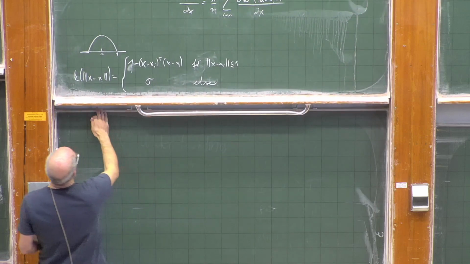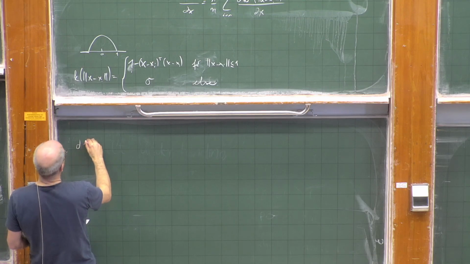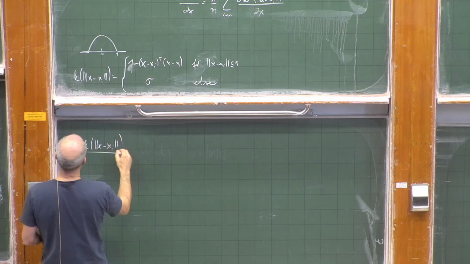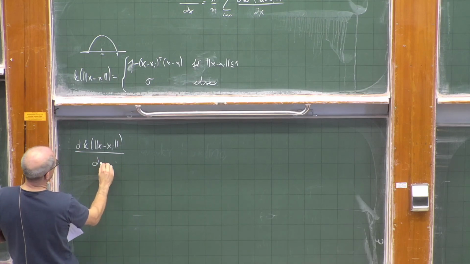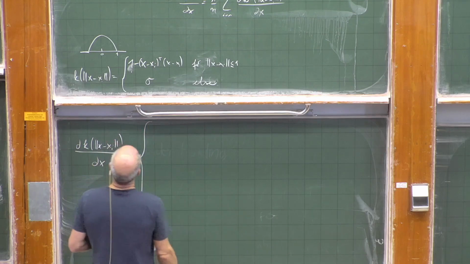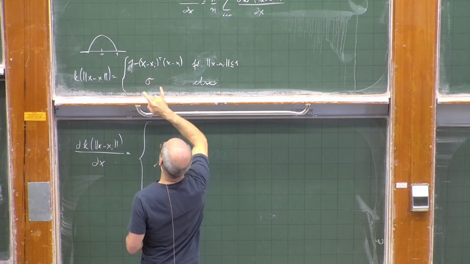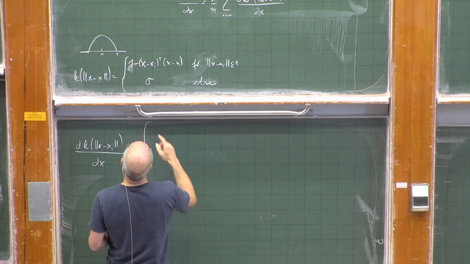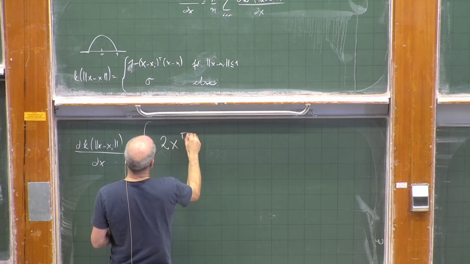Okay, now we can differentiate this thing. So for the case of the Epanechnikov, a little bit bigger, I'll try. So if I differentiate the 1, nothing happens, and from the other terms, I get minus 2 x transpose.